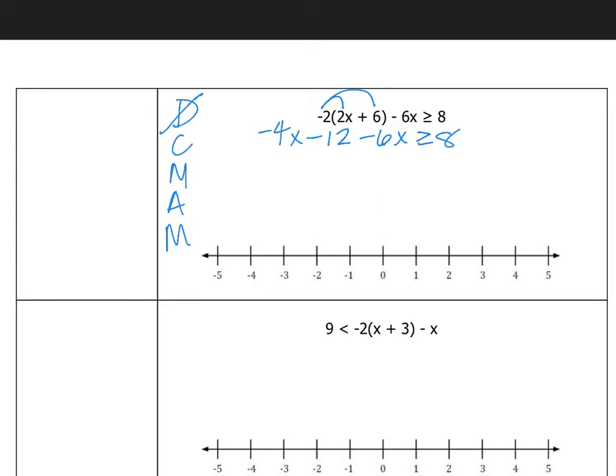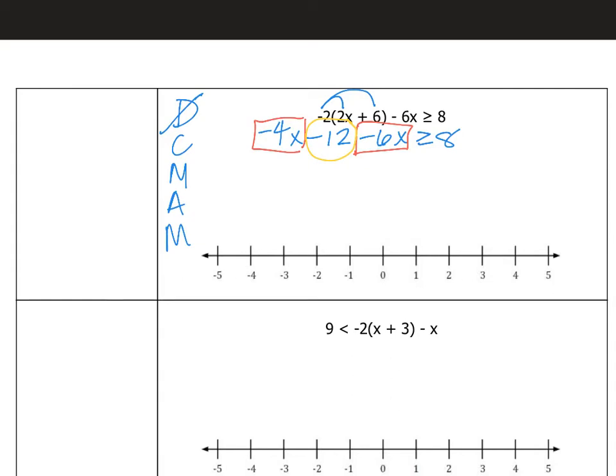Now we need to see if we need to combine like terms, so I am going to put red squares around the numbers with variables on the left-hand side. These are coefficients. And then I'm going to put a yellow circle around the number without a variable, the constant. The red squares I can combine.